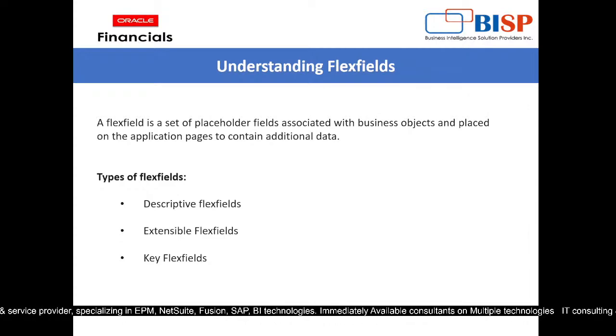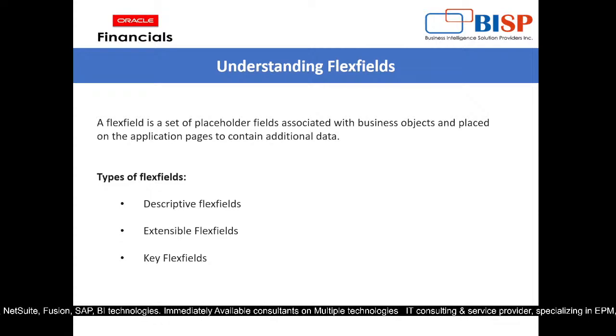Each type of code combination is called a structure. Each structure is identified by a string that is called the structure code. Much like context values in a descriptive flex field, a key flex field structure code indicates how database columns are organized to store the code combination.